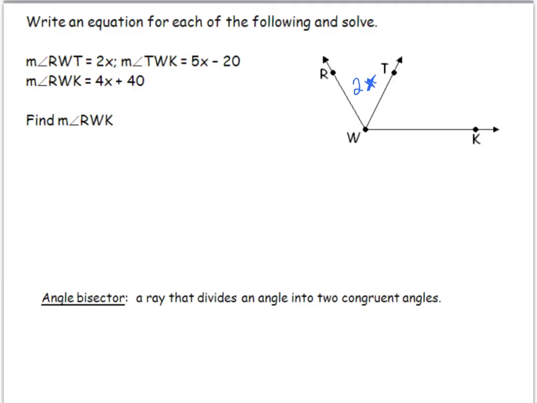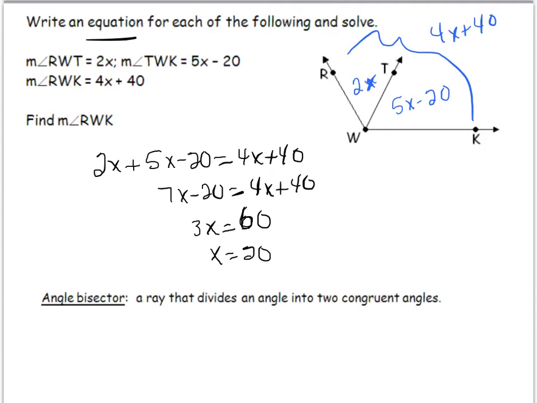Then they say TWK is 5x minus 20. And RWK, that's all of that, is 4x plus 40. Well, what do you know? They give you a part, they give you the whole thing. I want you to set up the equation, and I would like for you to solve. So pause it, set it up, solve it, and then we're going to come back and see if we end up with the same thing.